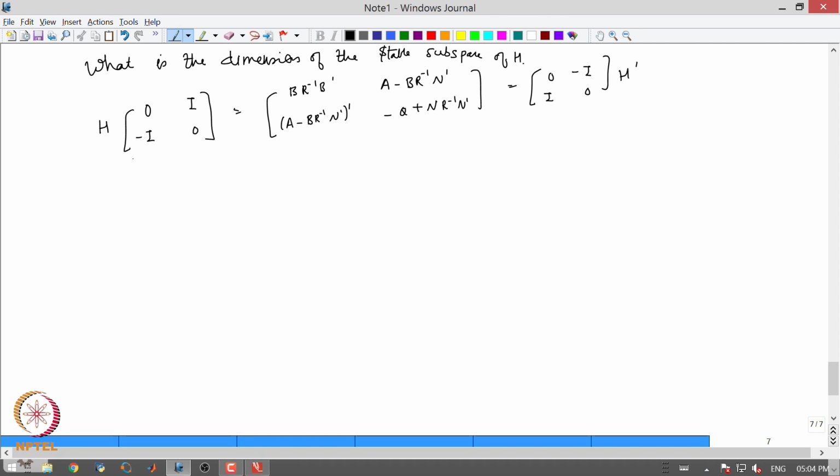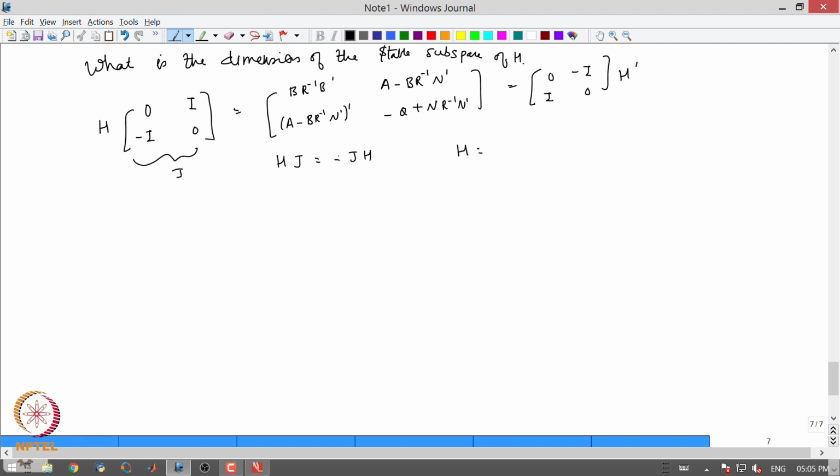If I call this J, what I have is H times J is J times H transpose. Okay. The J is invertible, therefore, H is... it should be a minus here.